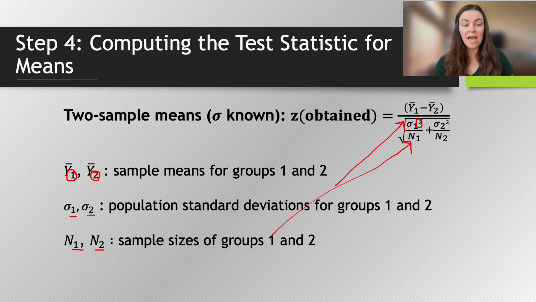Then we add that to the population standard deviation for group 2, which is what we have here, that's designating group 2, squared, divided by that sample size for group 2. And so this looks really daunting. I understand that. This isn't a fun formula to look at by any stretch. But again, I think once we see an example of it, it'll make a little bit more sense.